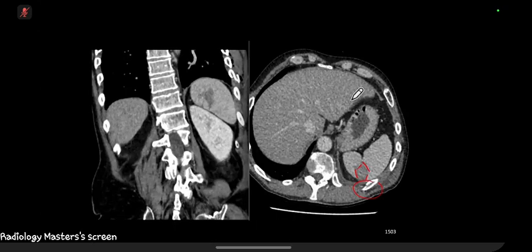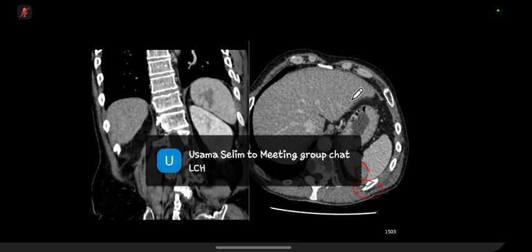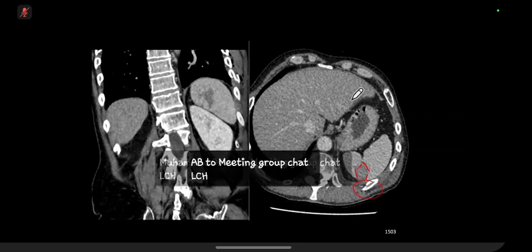Okay, this patient is a smoker, but they've also got another condition that's affecting lungs. Okay, so it's a mixture of cystic lung disease and emphysema. Could be LCH, could it be anything else?